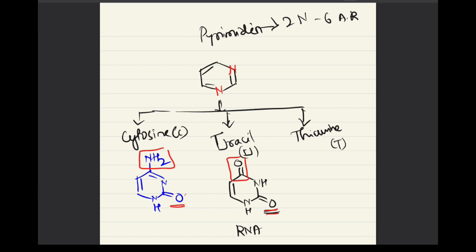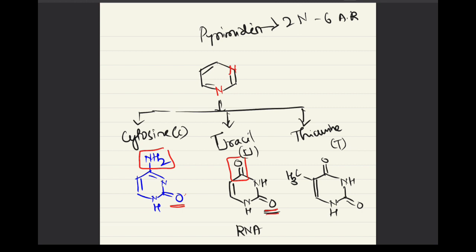And in the thymine structure we will draw the basic structure, and C double bond O, C double bond O, and one more methyl group at this place and double bond and NH.